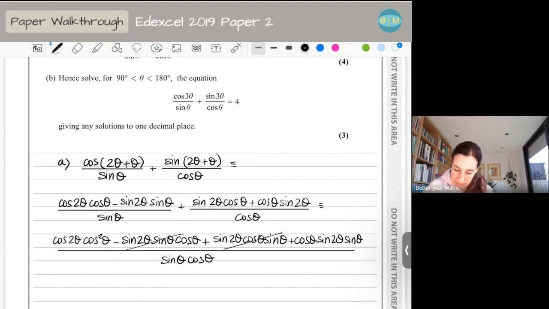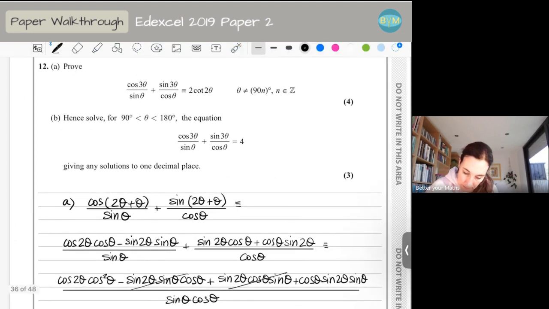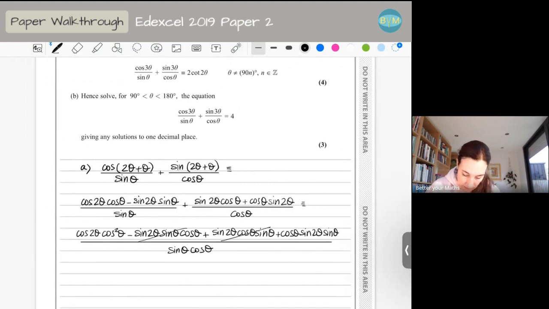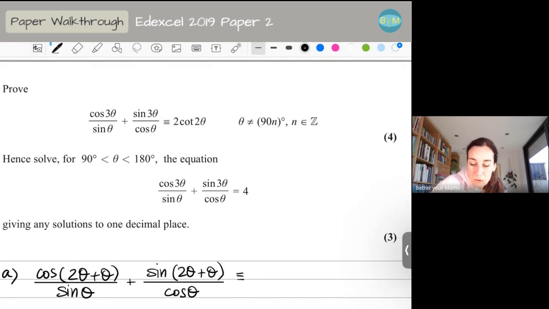And then I have, this one is sine squared. What can I put together? I keep an eye on what you want. So you want cot 2 theta.